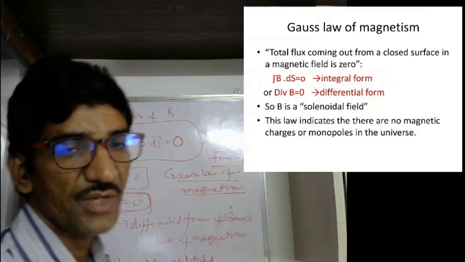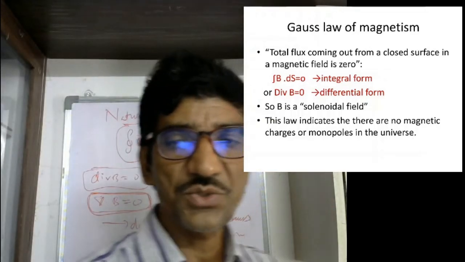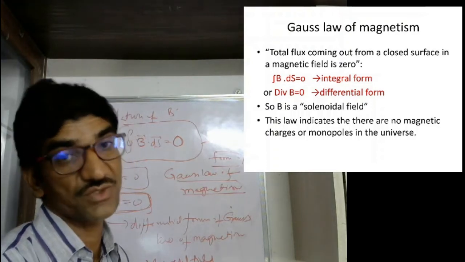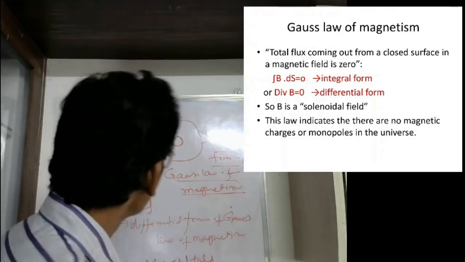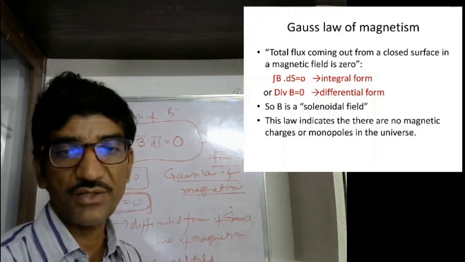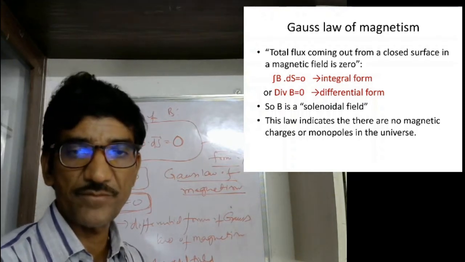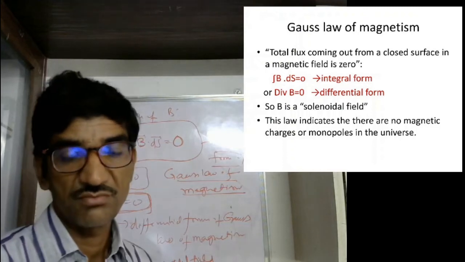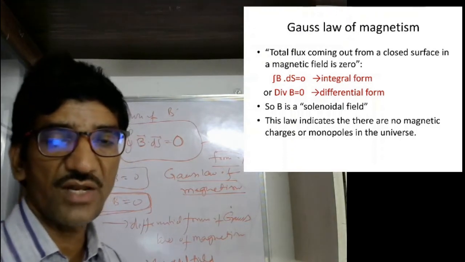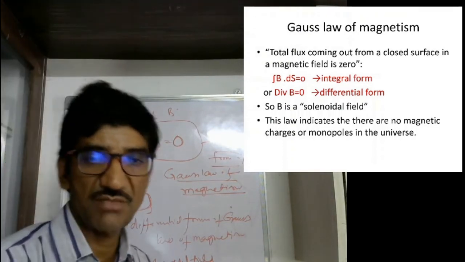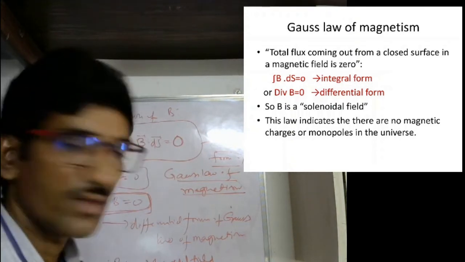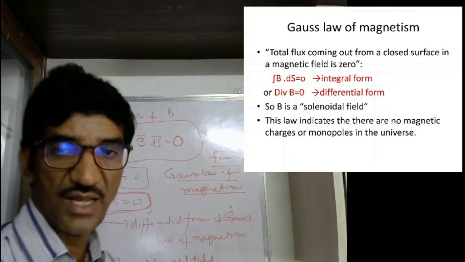What is the meaning of that? We have no magnetic sources. Our total magnetic flux is 0 around a closed surface. Total magnetic flux coming out from a closed surface in the magnetic field is 0. You can see the statement on that slide.